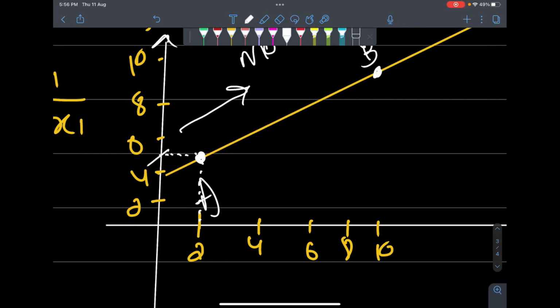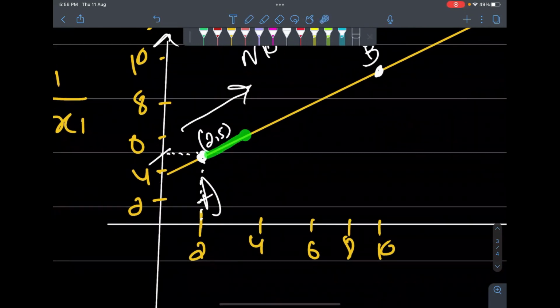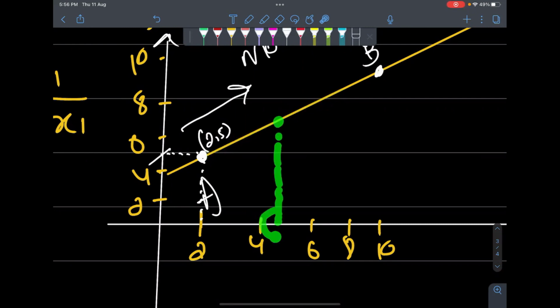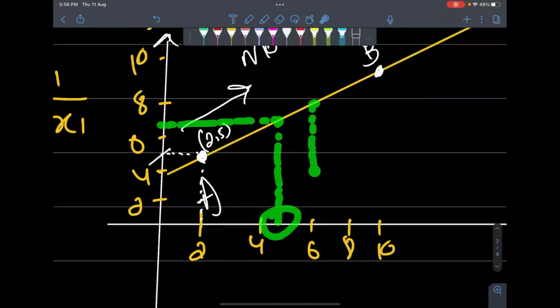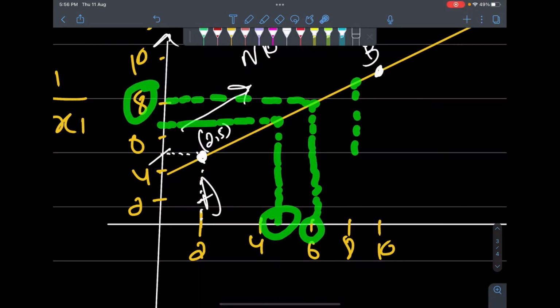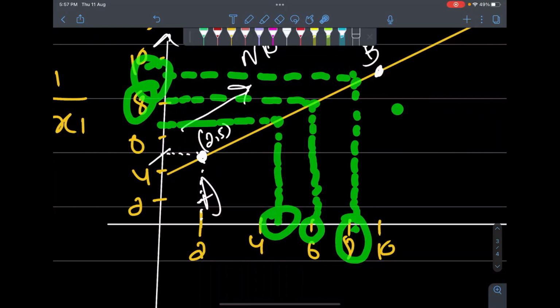So 2, 5. Now, as I move along this line, you will notice that my horizontal position has changed and my vertical position has also changed, at every point on this line.